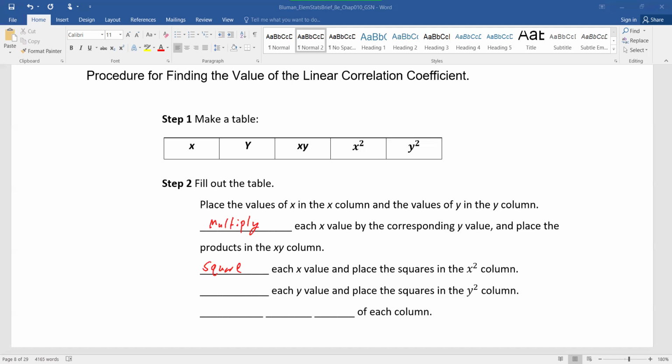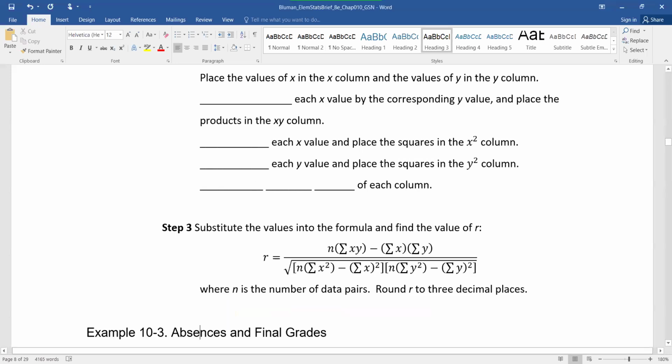Then square each Y value and place the squares in the Y squared column. Then find the sum of each column. Then substitute all of those answers into the formula as follows, and round your answer to 3 decimals.